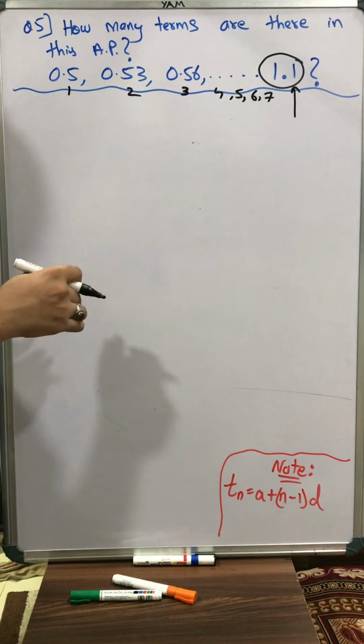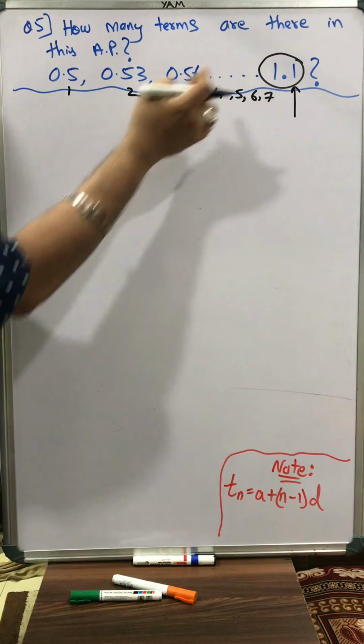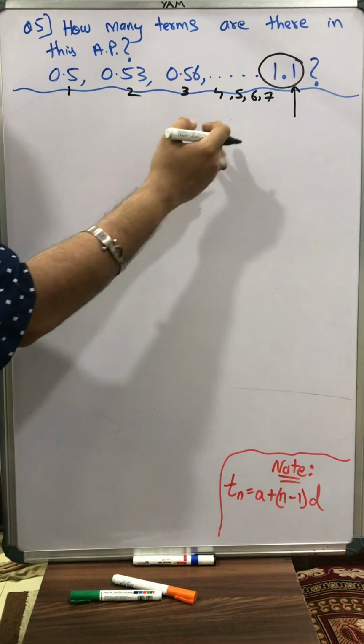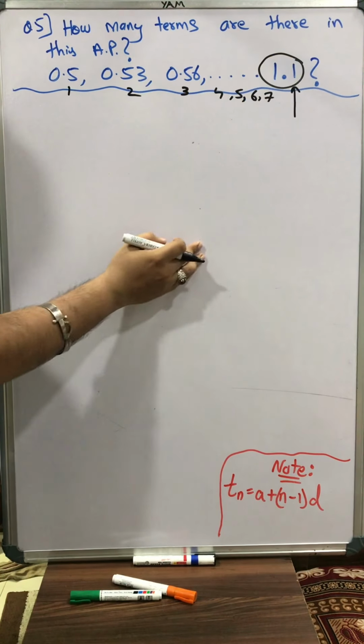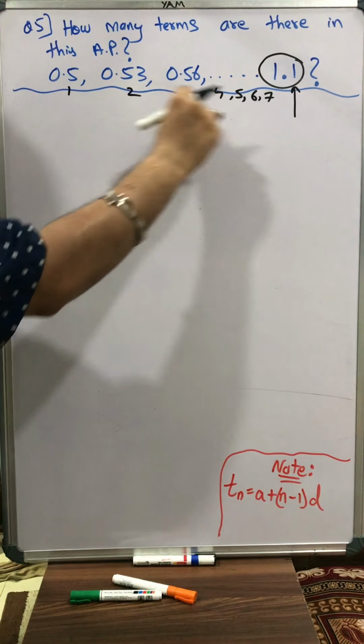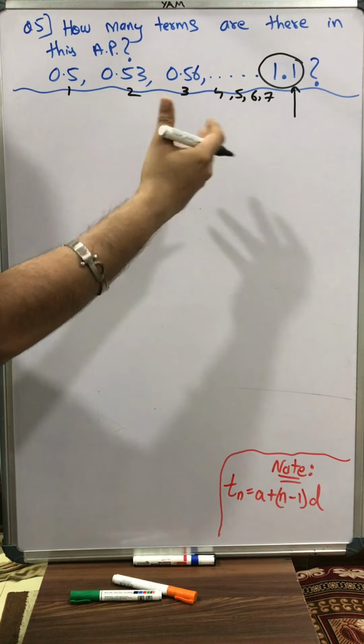So students, because I don't know how many terms are there in these dots, I also don't know at which number 1.1 is coming. What is the count, the term number of 1.1? The value of the term is 1.1, but at what value of n?